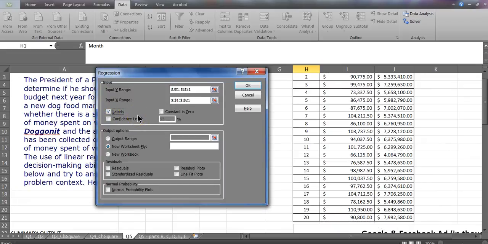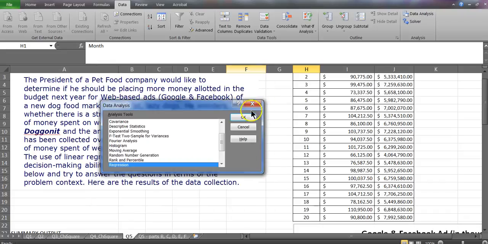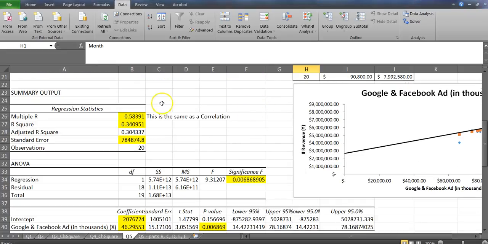Now this problem was also asking for a scatter plot. Well, you can get that right here too with the line fit model. So if you check that box as well, click OK, what you're going to get is output that looks like this. It says summary output, and then you're going to get a plot like this.